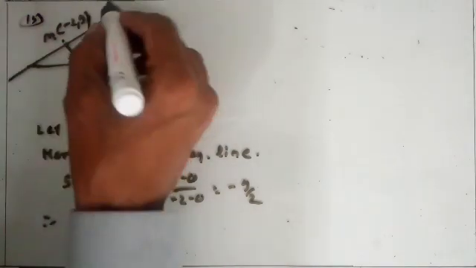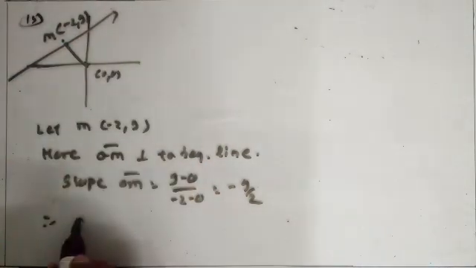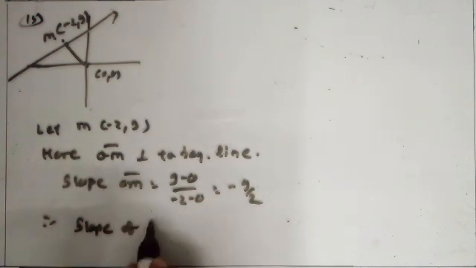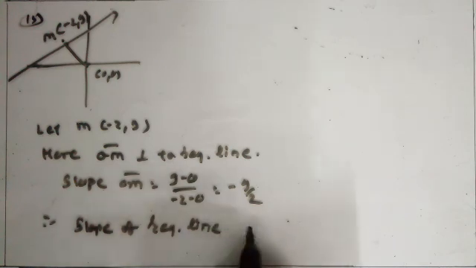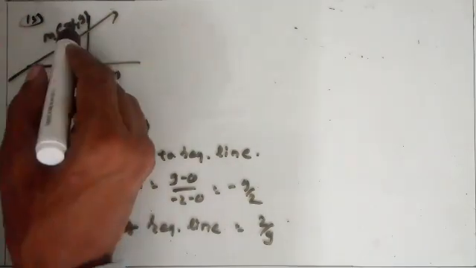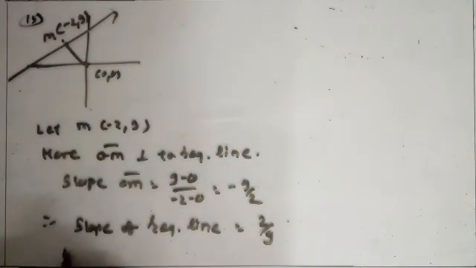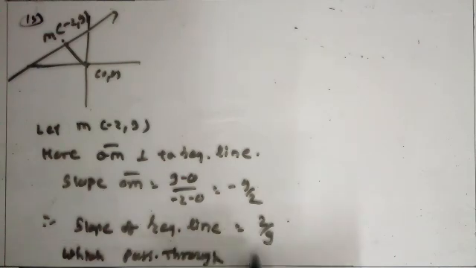Therefore the slope of the required line is, taking the negative reciprocal, 2 by 9, and it passes through (minus 2, 9).